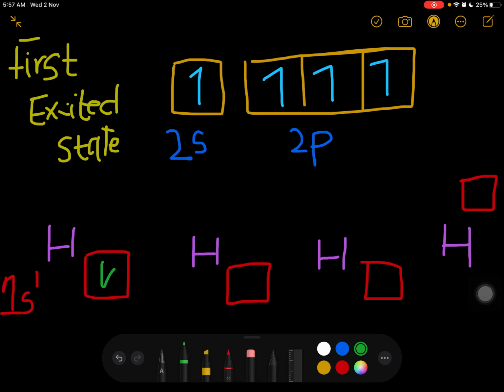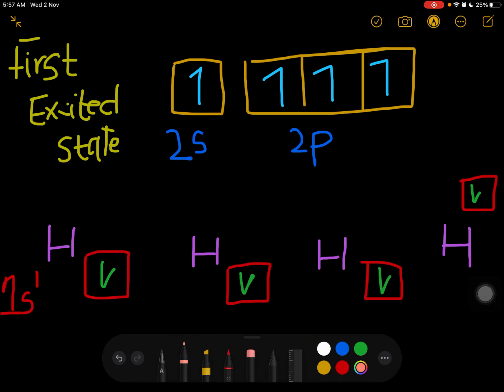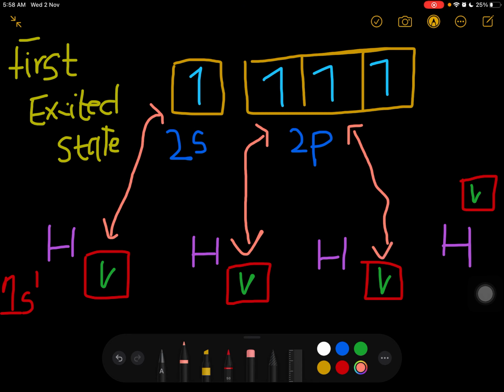It will be anti-parallel, because opposite spins always combine together. Now this electron will form a bond with this one, this will form a bond with this, and this will form a bond with this, and so on.